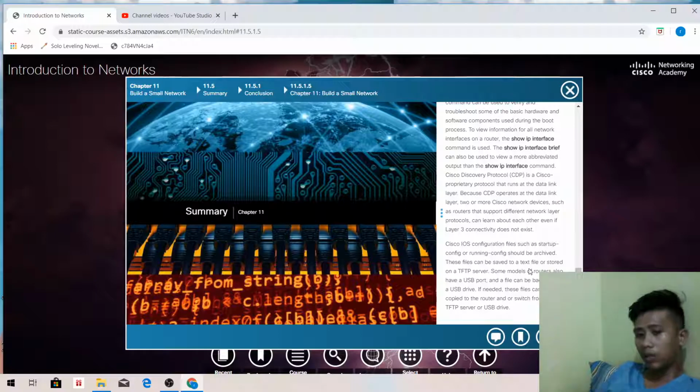The Cisco IOS configuration files such as startup config and running config should be archived. These files can be saved to a text file or stored. Some models of routers also have a USB port, and the files are copied to the router and switch from the TFTP server and the USB drive.